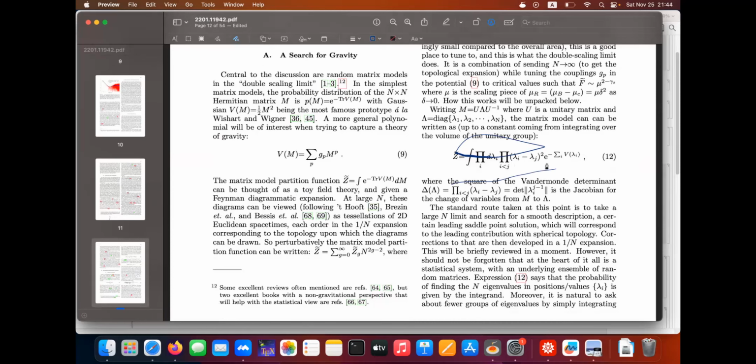Then he regards the exponential as a weight, and we want to construct the orthogonal polynomials for this weight. Then you can write any polynomial of lambda in terms of the orthogonal polynomials. Then it's quite easy and direct to calculate the partition function and any correlation function.